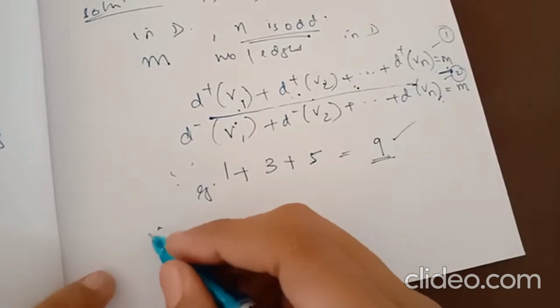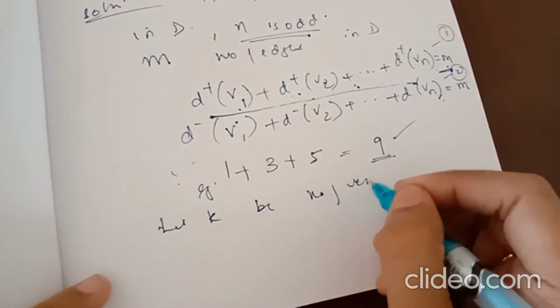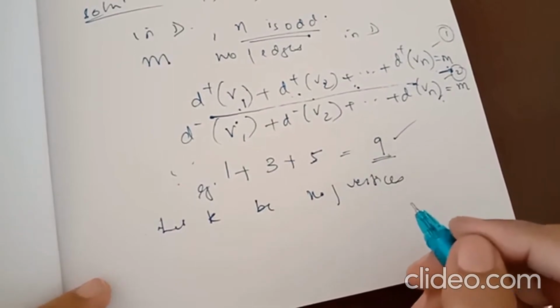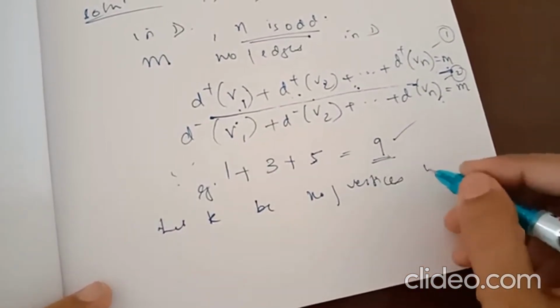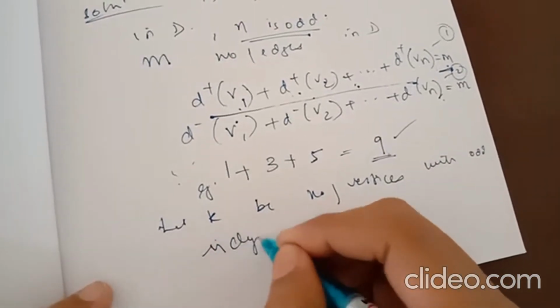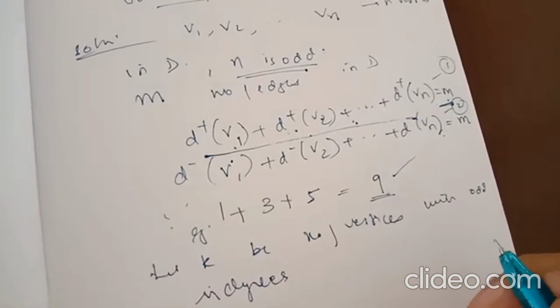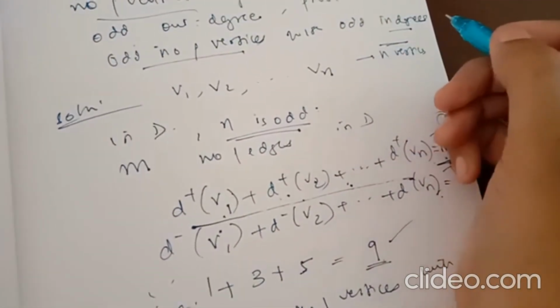So let k be the number of vertices with odd in degrees. So we are assuming that there are k vertices with odd in degrees.